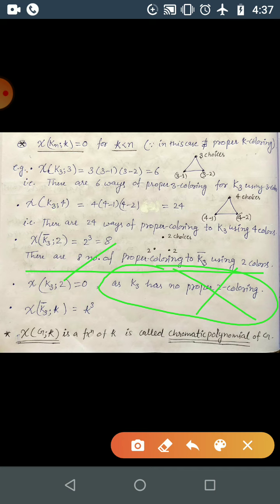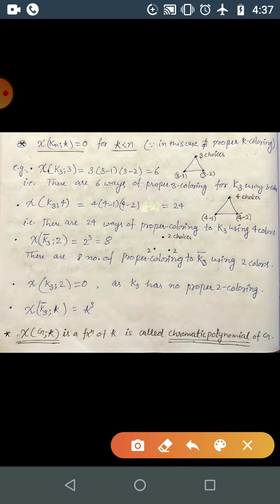Whenever you have k at least 3, then for K3 it should be k at least 3. For K3 complement, we want a proper coloring among k colors.